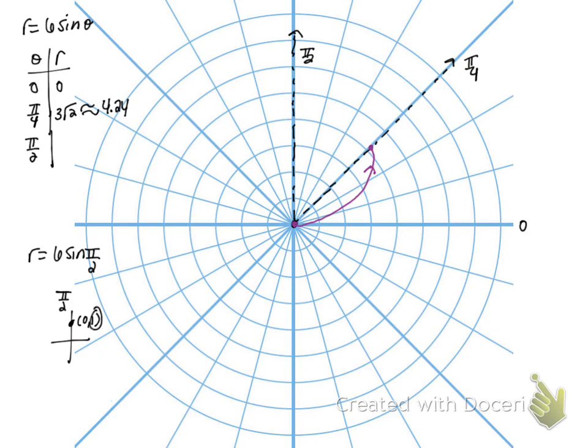And sine is the y-coordinate, which is 1. So we have 6 times 1, which is 6. So at pi/2, my r is 6. I'm going to count 6 circles out: 1, 2, 3, 4, 5, 6. That's going to be about here. And I'm going to connect those two, moving this way, trying to make it look a little bit better. And you could pick some more points as well.